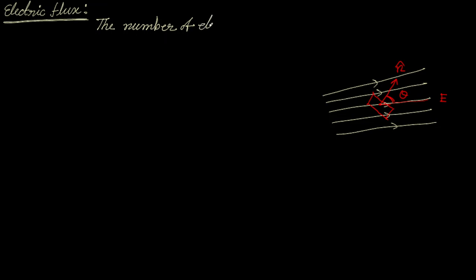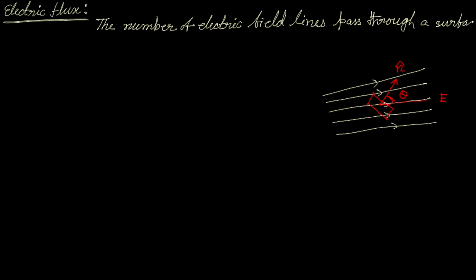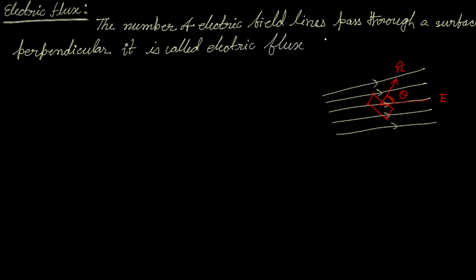The number of electric field lines passing through a surface perpendicular to it is called the electric flux of that surface.